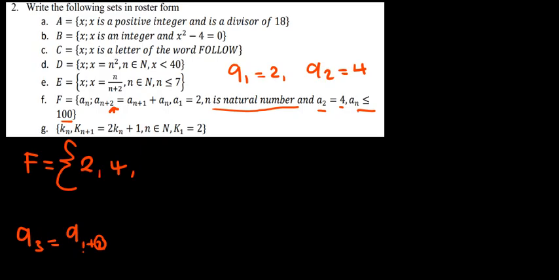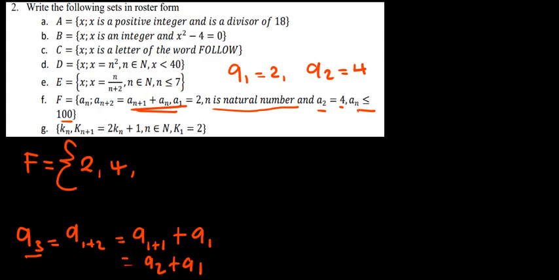So A3 will be equals to A1 plus 2, which will be equals to, we're just following the formula that we've been given there, A1 plus 1 plus A1. So what is A1 plus 1? This is the same as A2, and then plus A1.